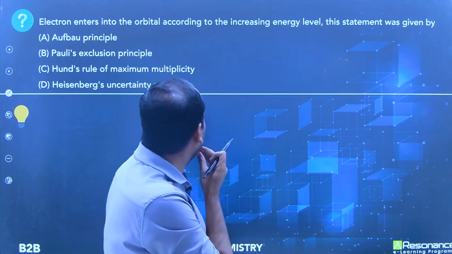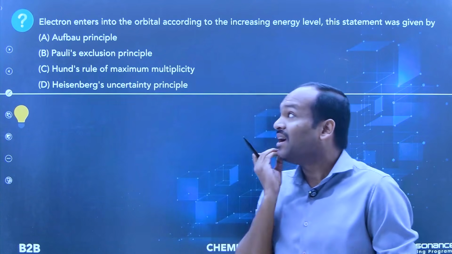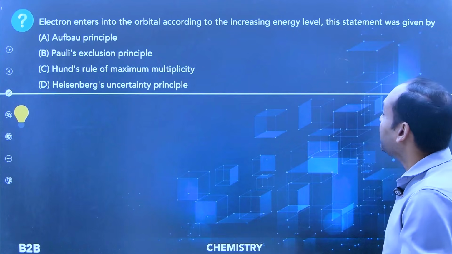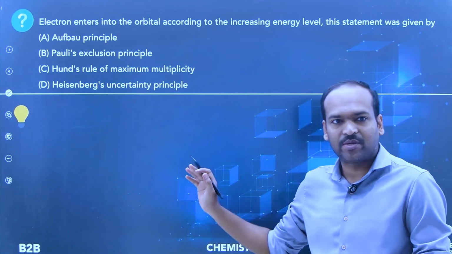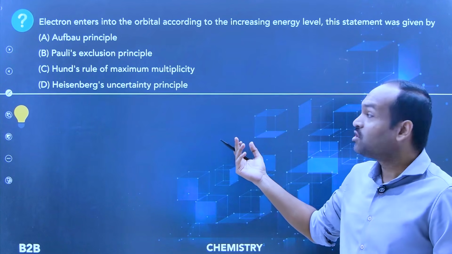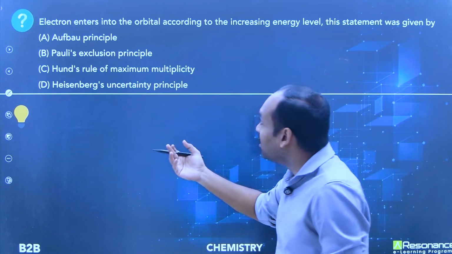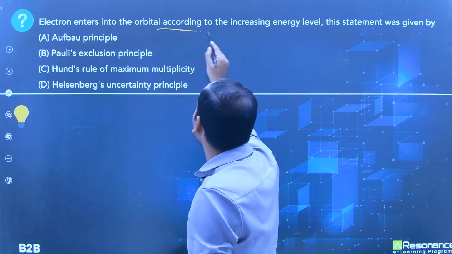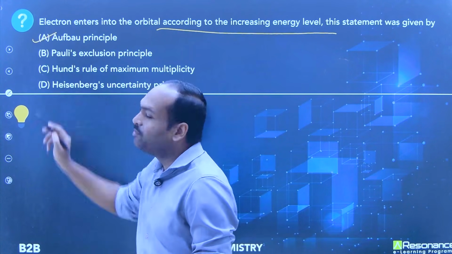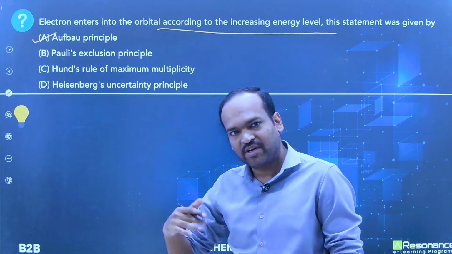Electron enters into the orbital according to the increasing energy level. This statement was given by... I am skipping this question. Most of you are asking, but this is the electron increasing energy level rule. We'll discuss it next class and I'll repeat this question again.